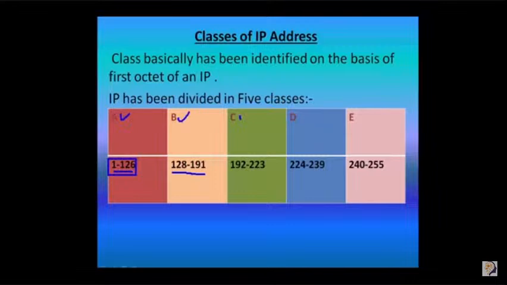Any IP starting with 192 to 223 is C class. Any IP starting with 224 to 239 is D class. Any IP with first octet 240 to 255 is E class. Always keep it in mind. By looking at the first octet, you can identify which class, either A, B, C, D or E, this IP belongs to.